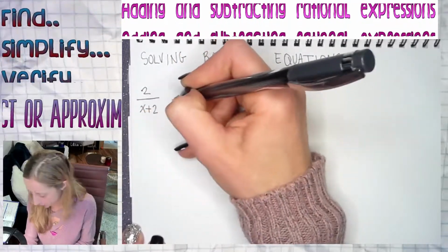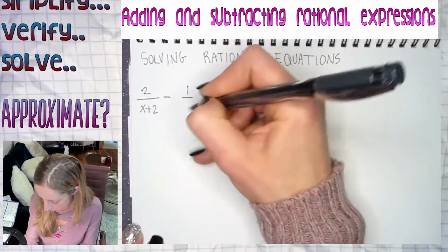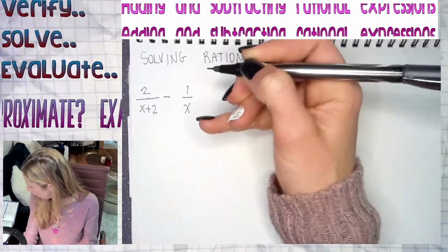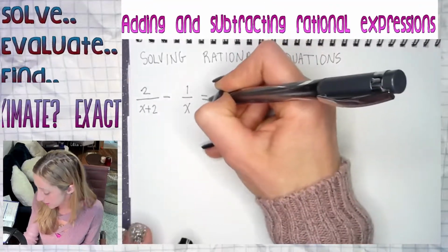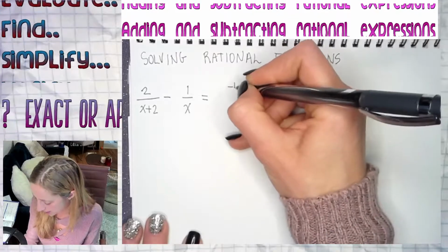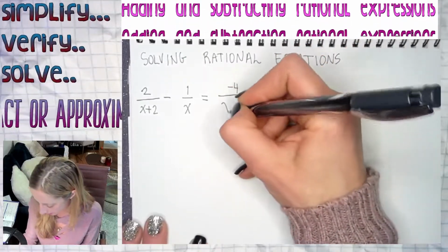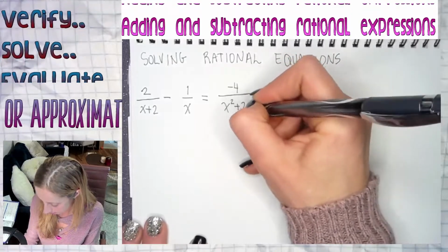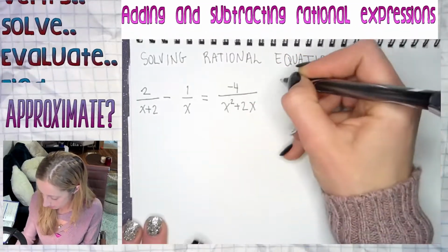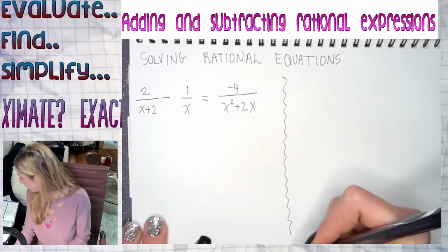There's definitely an equal sign. And let's think about what the end goal is too. When you're simplifying, your end goal is going to be something that is simplified. And when you're solving, your end goal is going to be something that is solved. How do those two things look different?